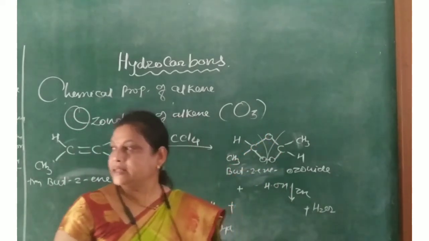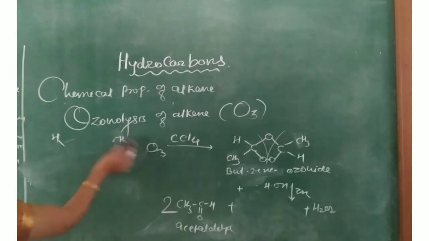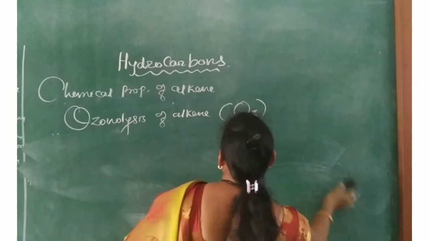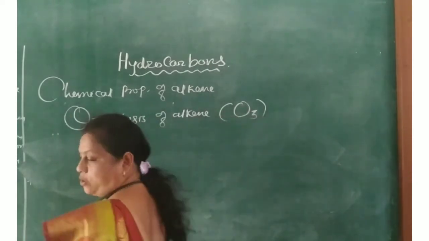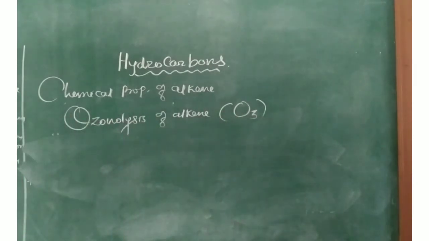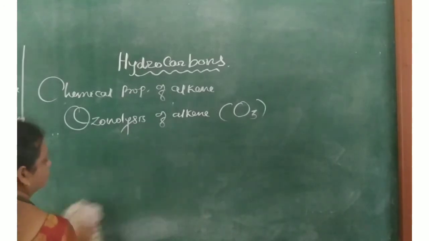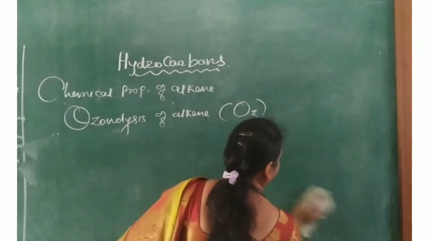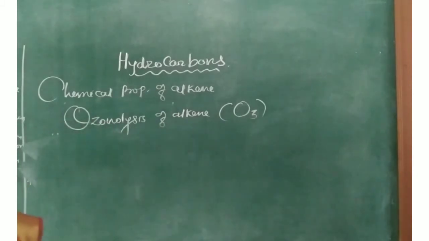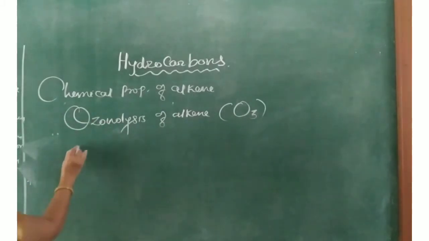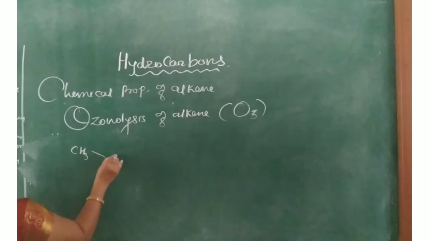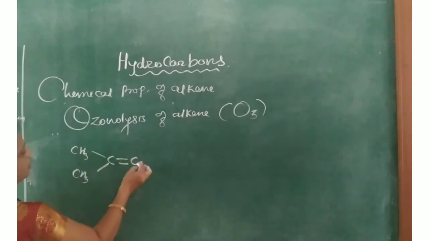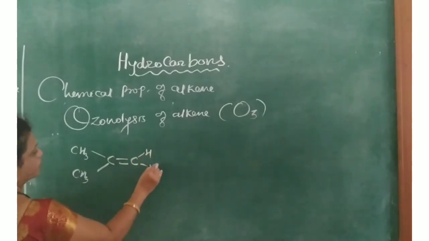Next one we consider is isobutylene, CH3 C CH3 double bond CH2.